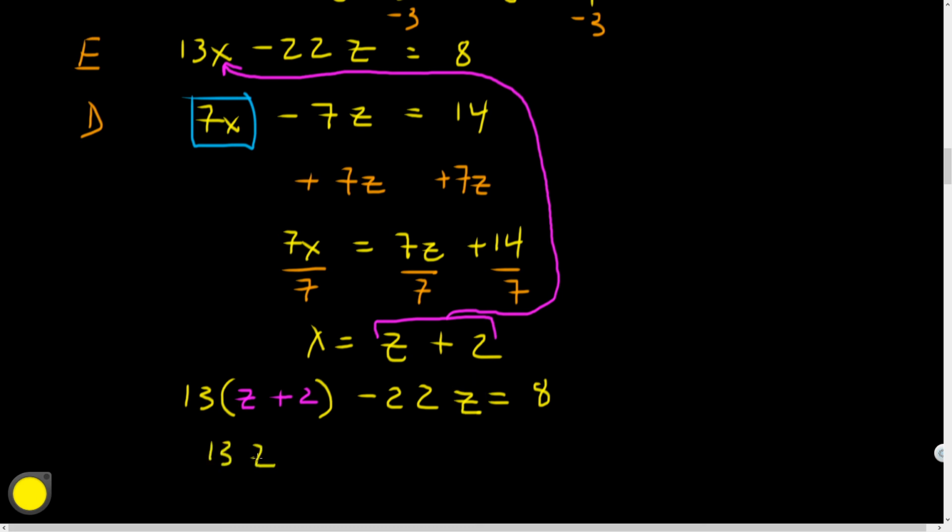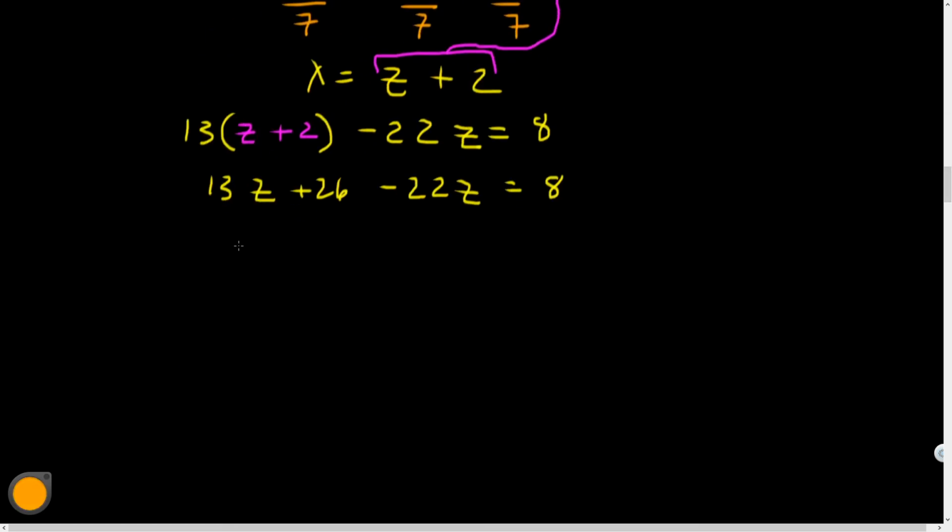And so 13z plus 26 minus 22z equals 8. Combine some like terms. 13 minus 22. I feel like that's negative 9. Negative 9z. And we'll simultaneously... okay, fine, I won't. I'll write a separate line of work here for you. Subtract 26 from both sides.